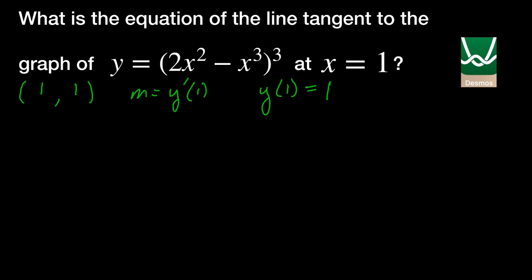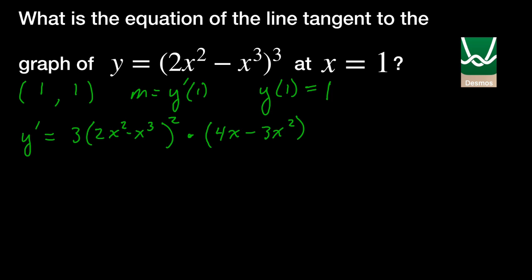Now we need to find the derivative. So the derivative is 3 times the inside part squared, where the inside part is this, times the derivative of the inside part, which is 4x minus 3x squared. All right, so now we need to find the derivative when x is 1.